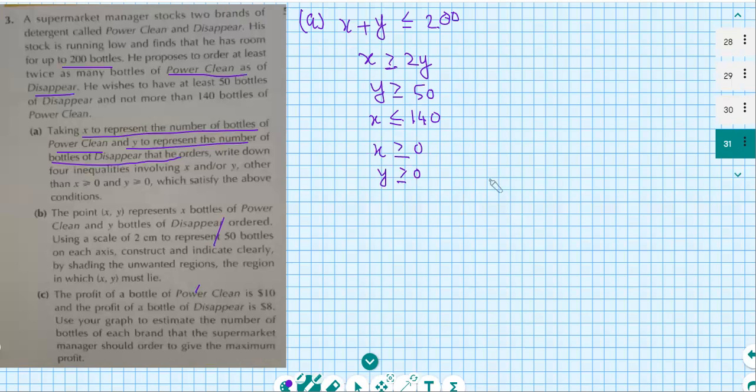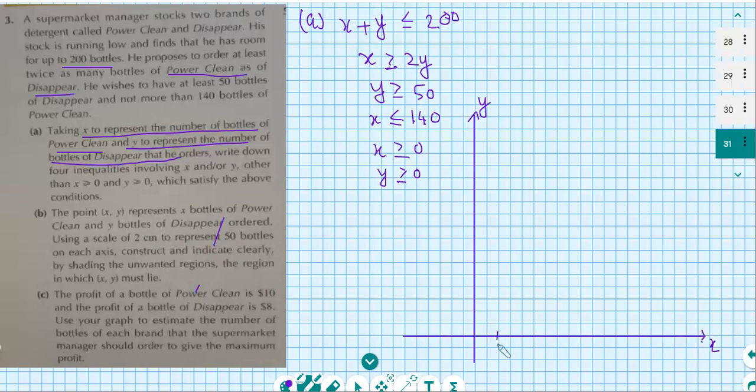I'm drawing the Cartesian plane first. So this is the x-axis and this one is the y-axis. And scaling has been given. Scale is 50 bottles to represent 2 centimeters. Suppose this is 1 centimeter and this is 2.